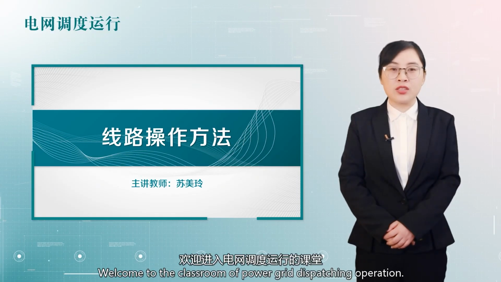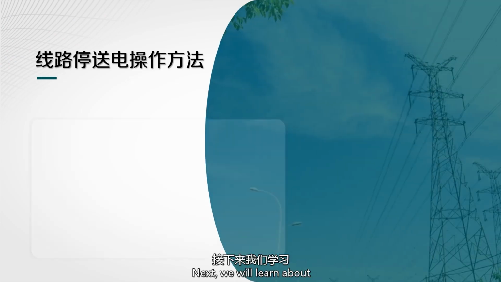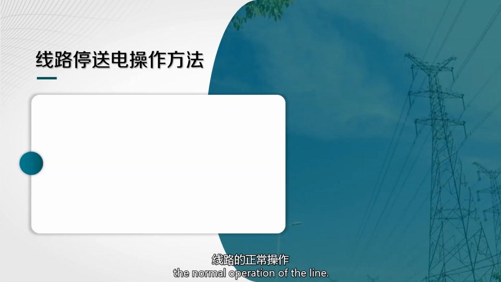Welcome to the classroom of Power Grid Dispatching Operation. Previously, we have learned about the normal operation of the bus. Next, we will learn about the normal operation of the line.